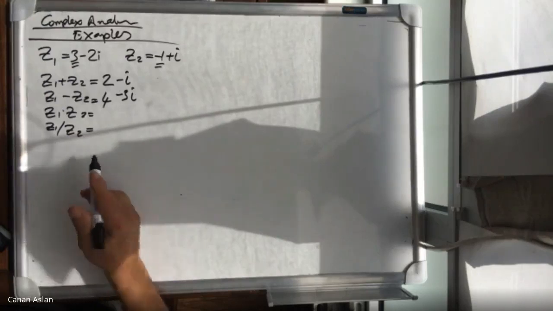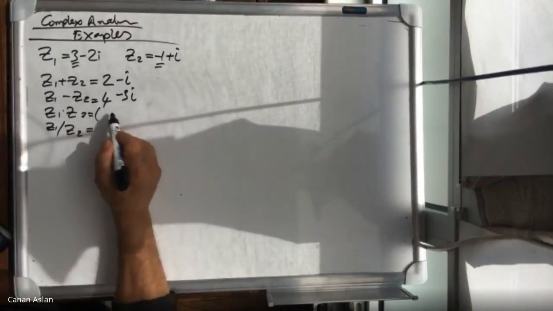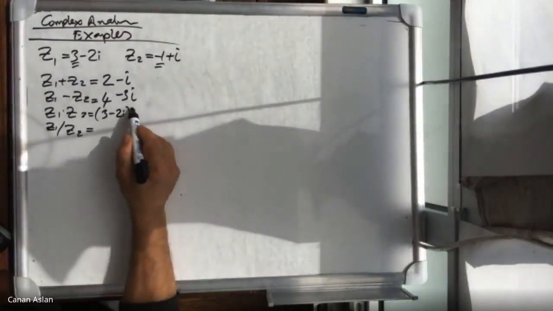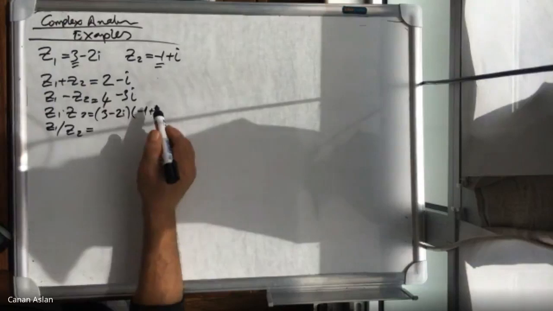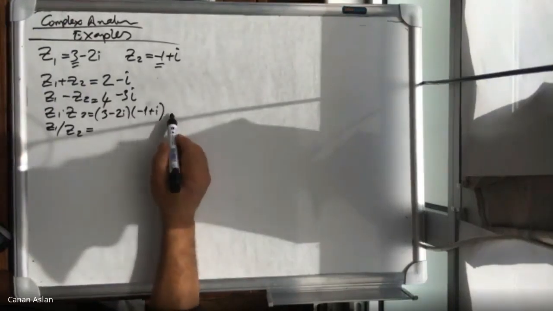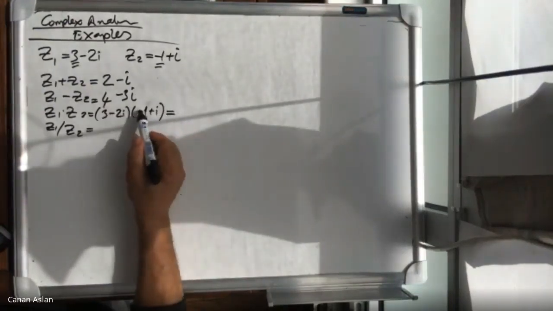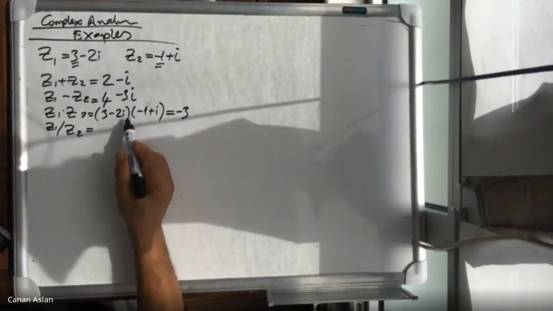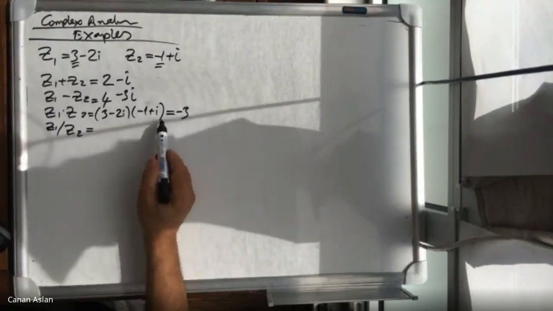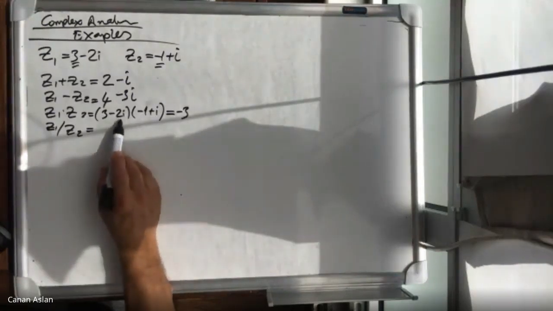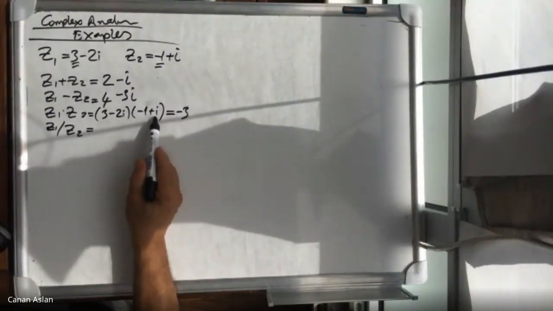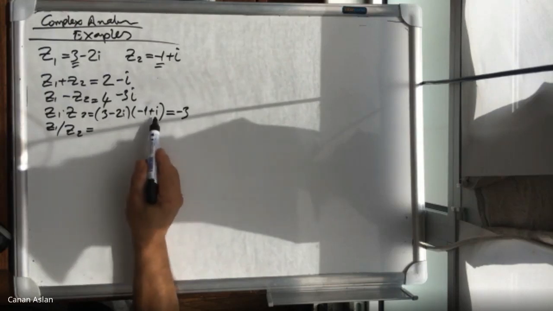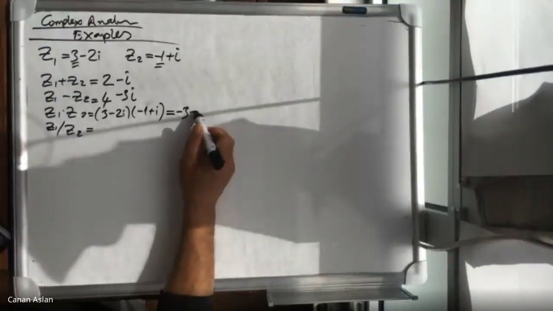Now the product, let's multiply these by using the regular product. Okay, 3 minus 2i multiplied by minus 1 plus i. So what we do is 3 times minus 1 is minus 3, and then the other constant is written here in the middle. Okay, this one, minus 2i times i, is minus 2i squared, but i squared is minus 1, so that's just plus 2.